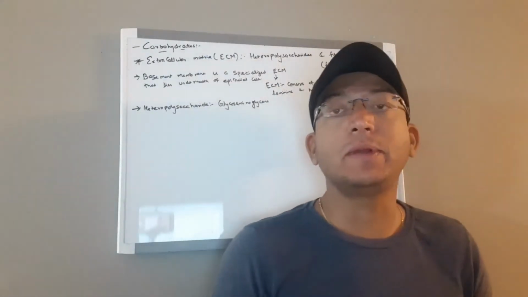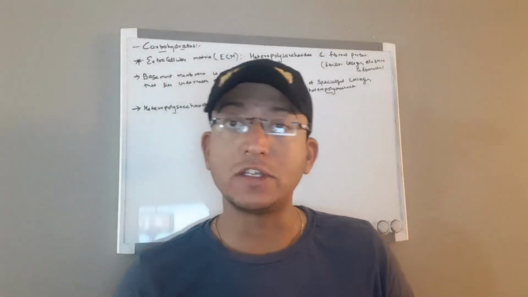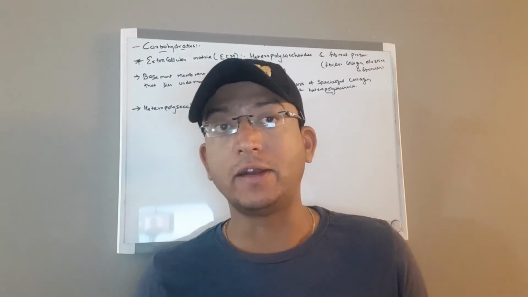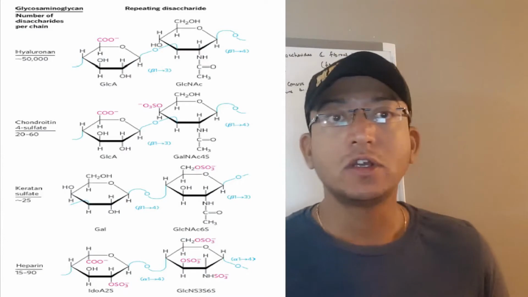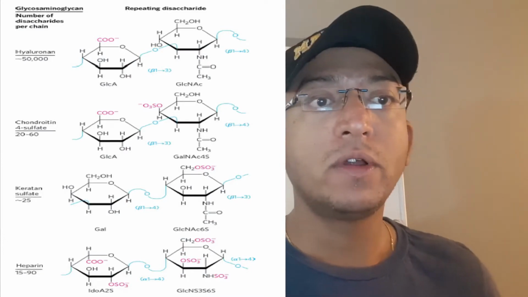What does that mean? You can see a picture on your screen. I'm not drawing that long repeating disaccharide, so just look at the image, and I will explain it to you now.